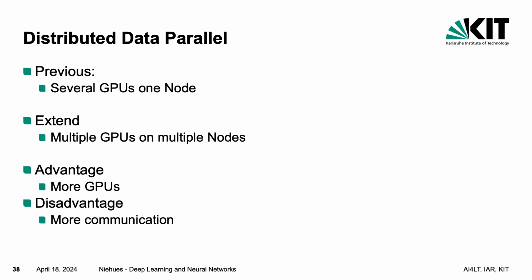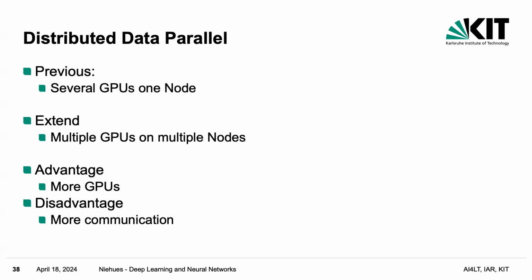The disadvantage is that communication is typically slower between different nodes than between different GPUs of the same PC. So this overhead gets even larger, and you have to wait even longer. But in principle, it's mainly the same idea. There's nothing clearly different between them.